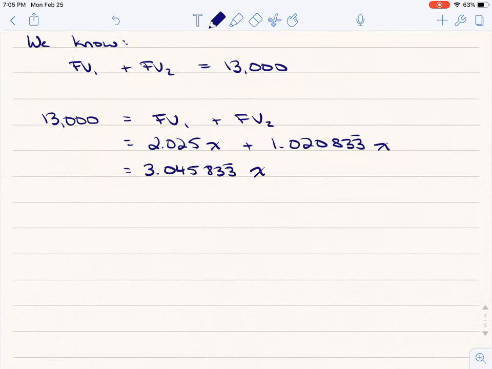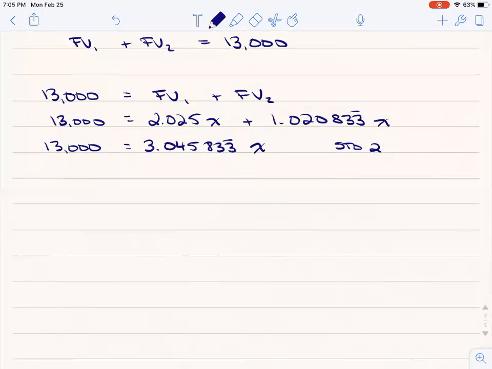And what we said was 13,000 must equal this value. Now we can solve for x, again keeping all your decimal places. I'll store this in 2. I can solve for x and say x is 13,000 divided by 3.045833 repeating.